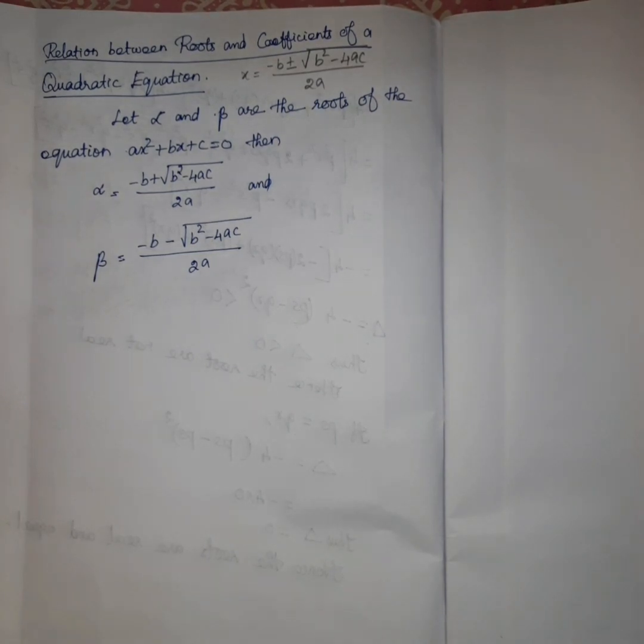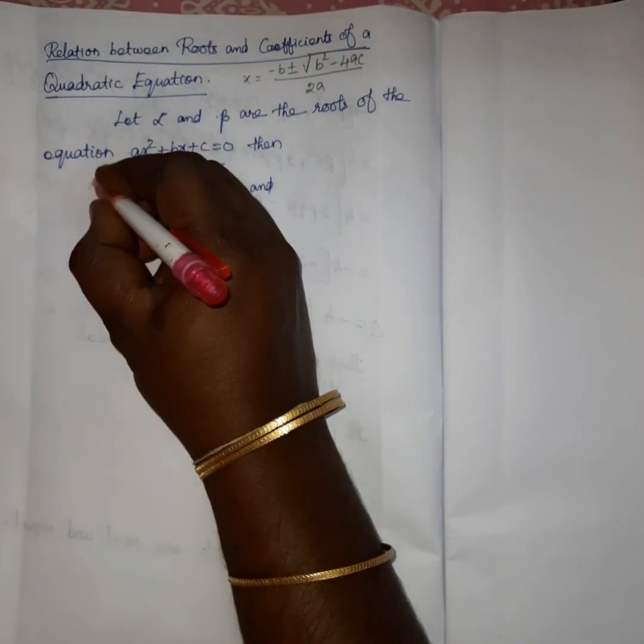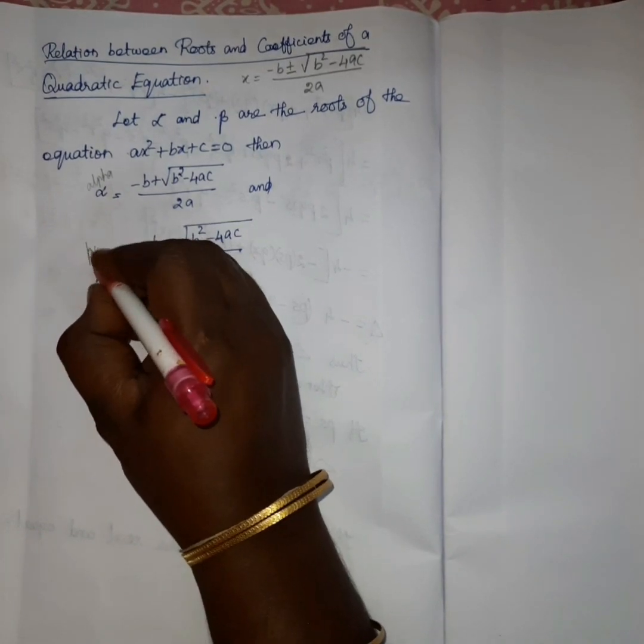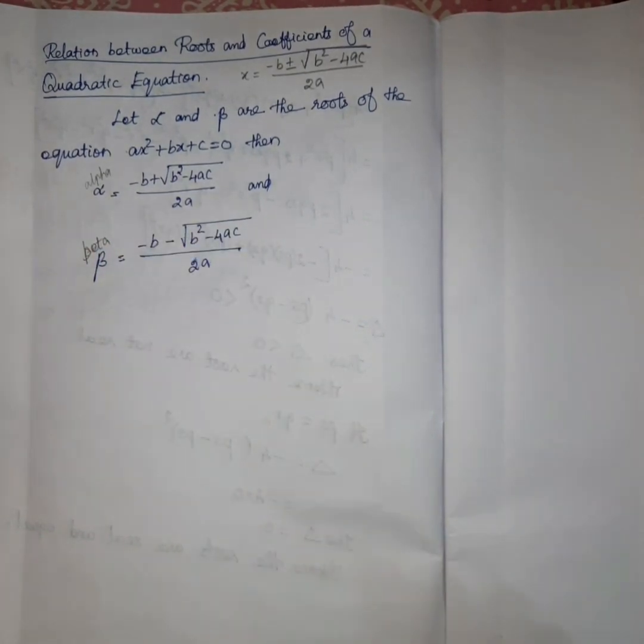What are the names of the symbols? This is alpha, this is beta. Understood? Don't say any other names.